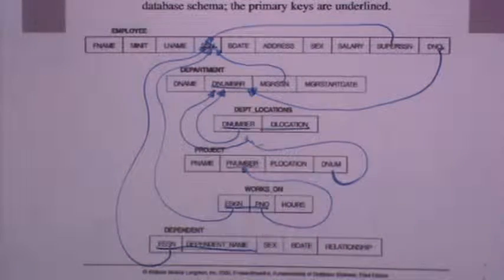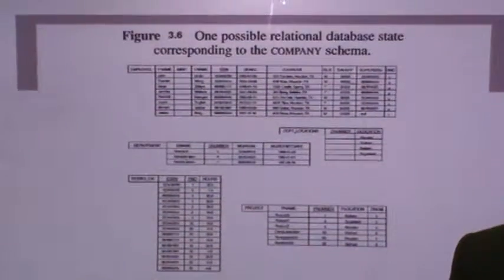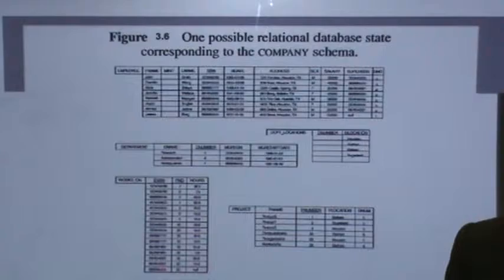So this is the relational database schema for the company database. Then, if we insert the data, can you remember what database modeling is? Modeling includes not only the constraints, but also operations. Sometimes I use the example of building a house for database design. It's quite similar.